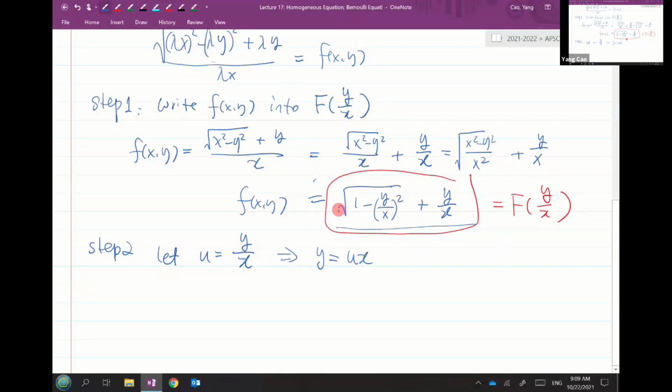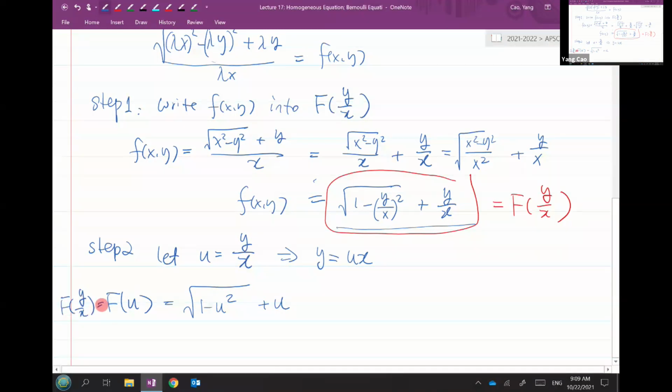Here is your right side expression with the definition of u. This function becomes f of u, which can be written as the square root of 1 minus u squared, plus u. So the function f of y over x can be written in terms of u now, and your original differential equation becomes y prime equal to this f of u.